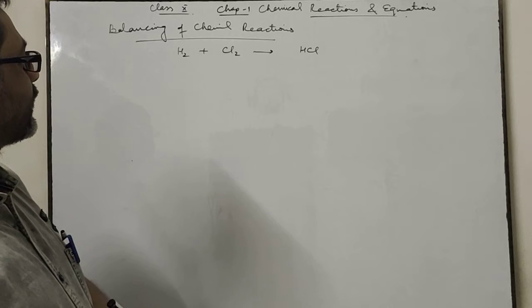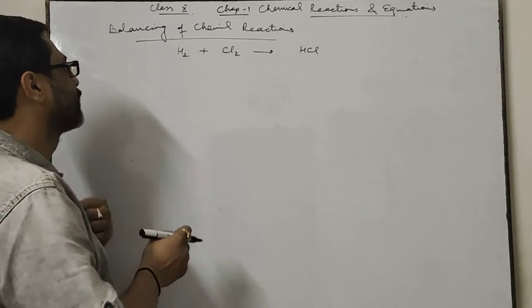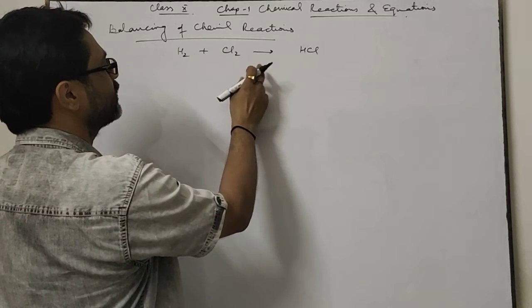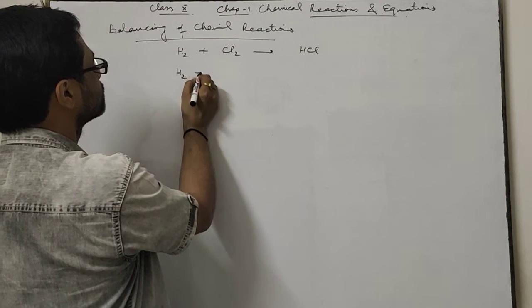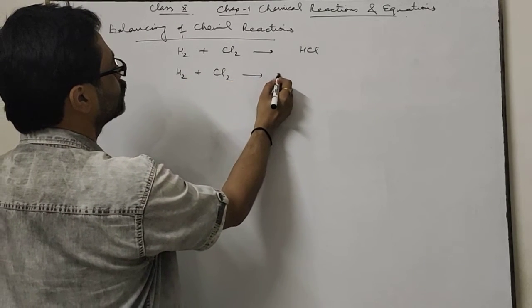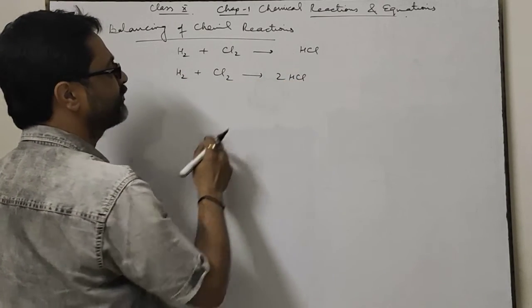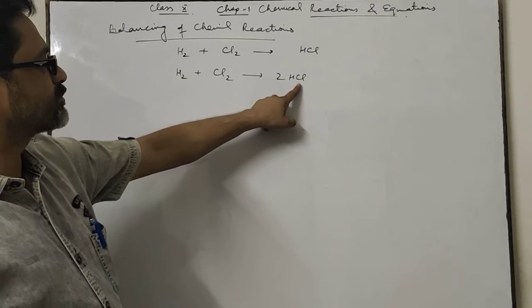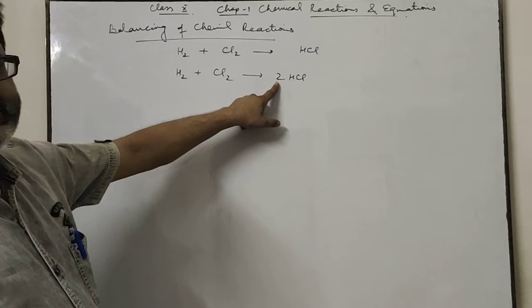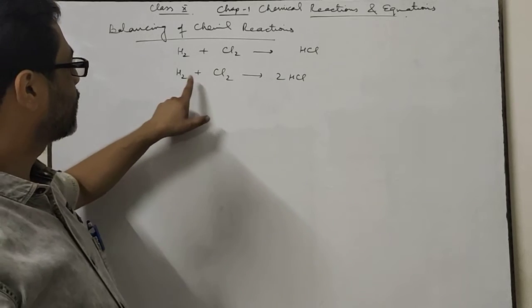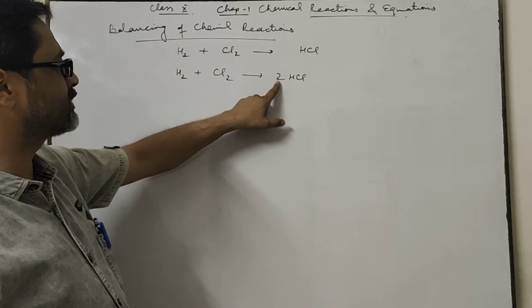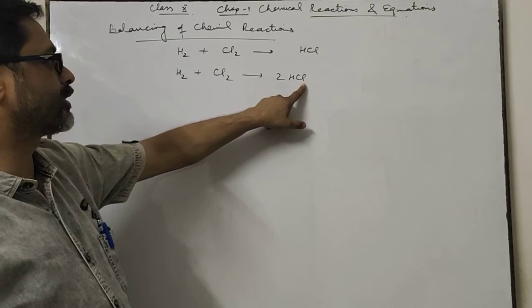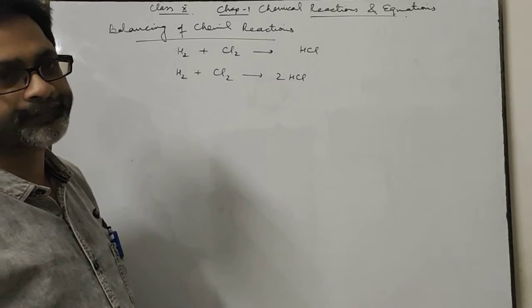How can we balance it? To balance this, if we write 2 here, then all these elements become twice. Hydrogen becomes 2 in number and chlorine also becomes 2 in number.